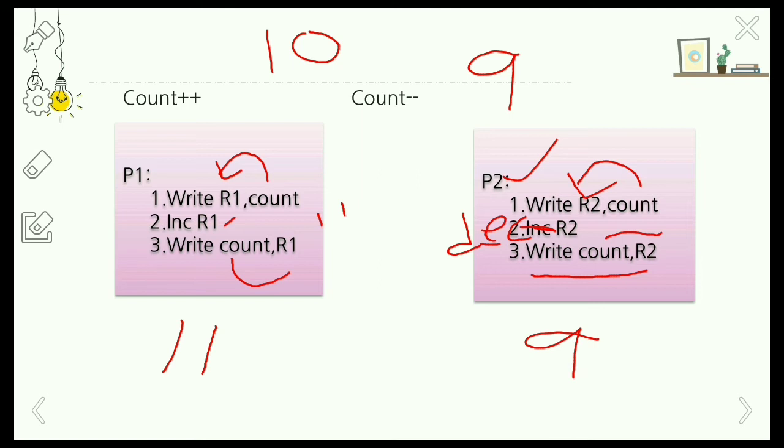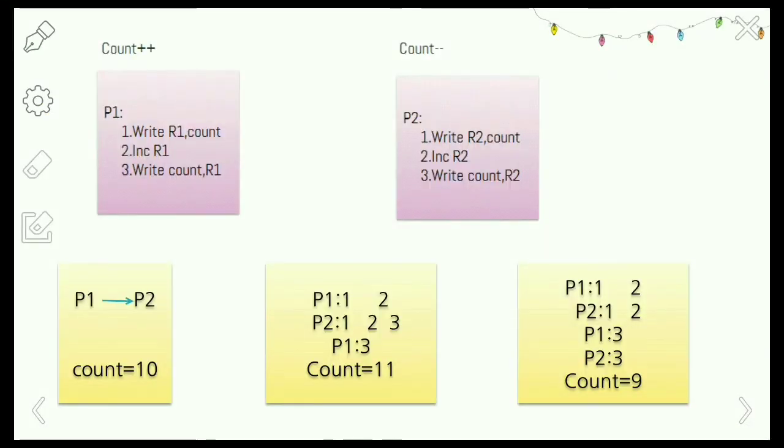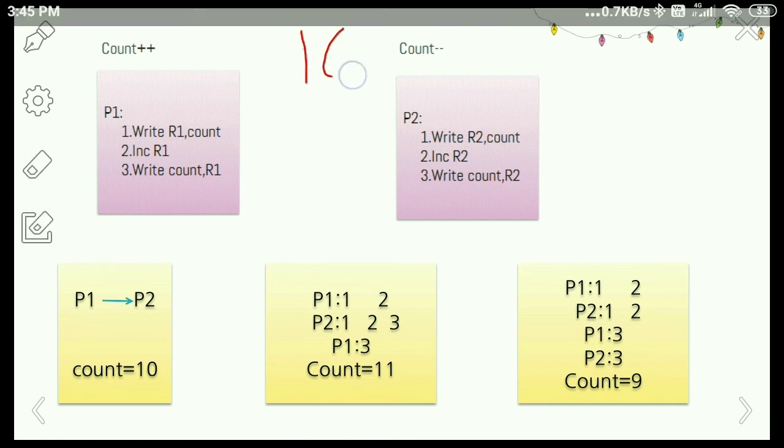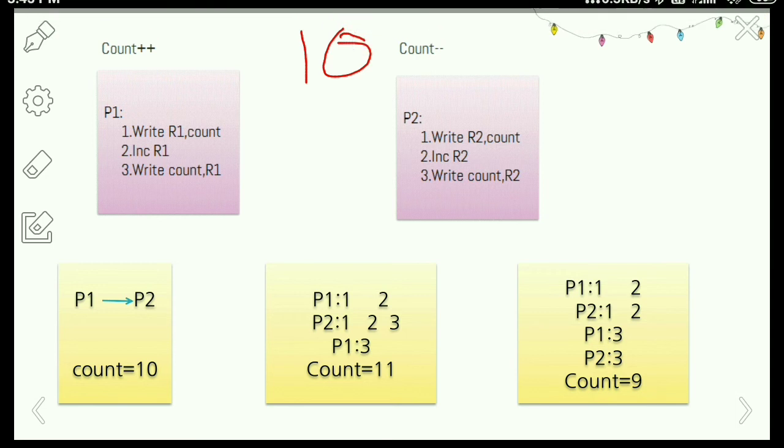So based on the order of execution, the result may vary. You will see how the result varies by taking some set of orders, like executing P1 first and executing P2 first. Here we are taking the count value as 10. First we are considering the 3 statements.